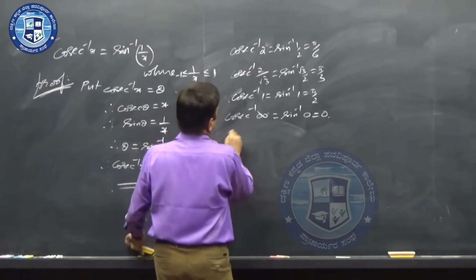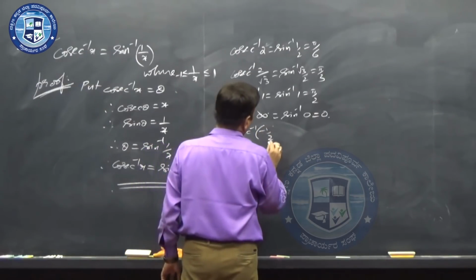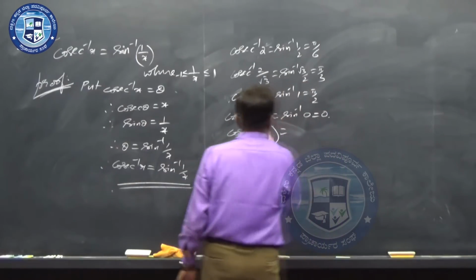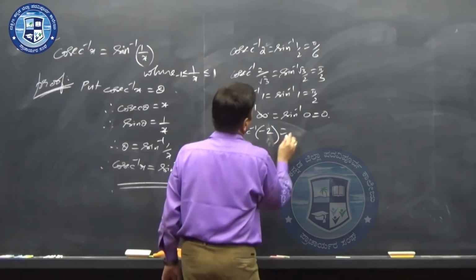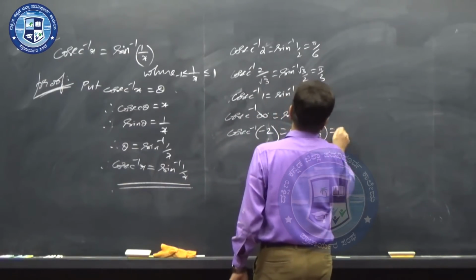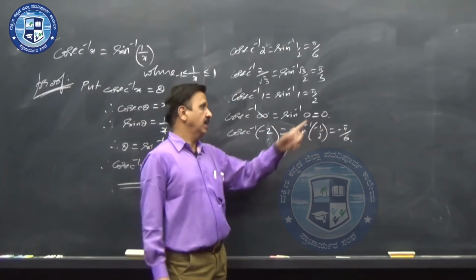Next, cosec inverse minus half. Before taking minus half, we'll take minus 2, that's equal to sine inverse minus 1 by 2, that's equal to minus pi by 6. You must be very fluent here, sine inverse minus half.